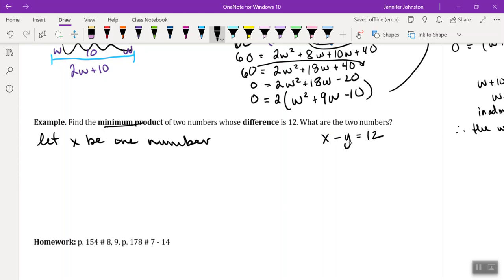Now if we wanted to find y, let's rewrite this so that y is on the other side, and 12 is on this side. So y jumps over here, it becomes a positive, and 12 jumps over here, it becomes a negative. So actually our other number is going to be x minus 12.